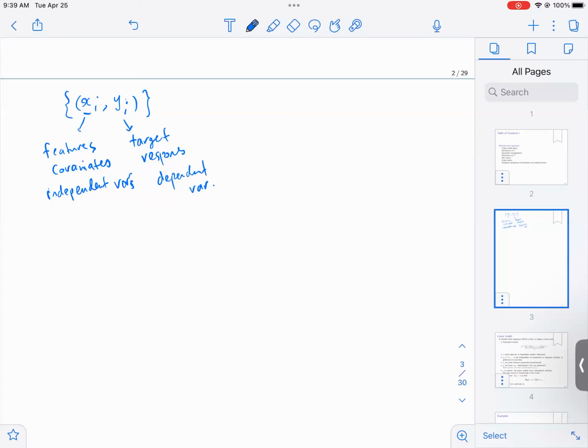And so we have this pair, with i from 1 to n. That's to say we have a sample: x1, y1, which is observation 1, x2, y2, up to xn, yn. So you get to see n copies for different, let's say, individuals.